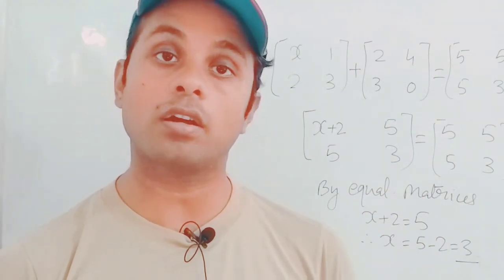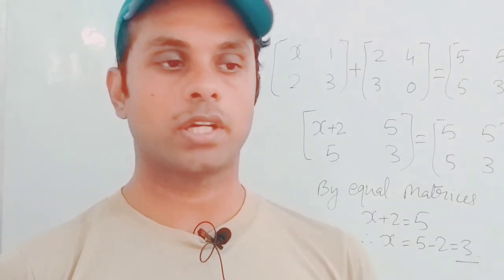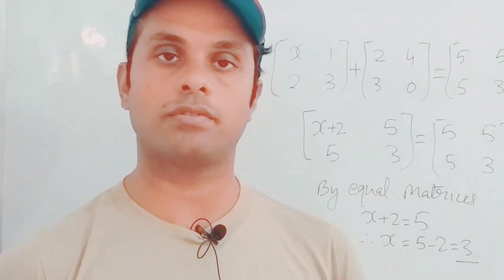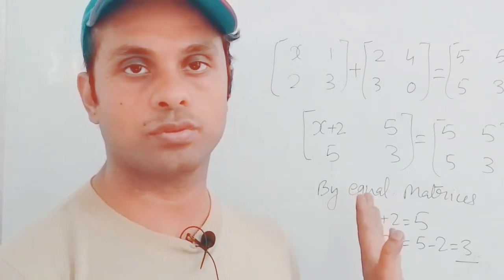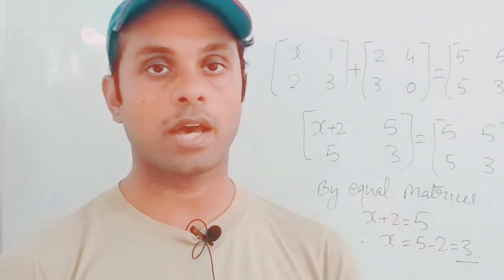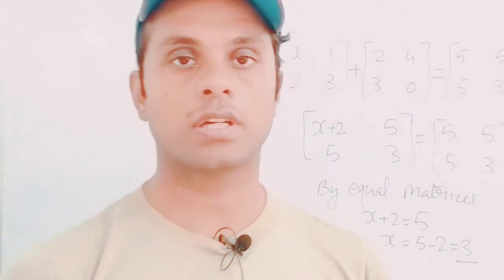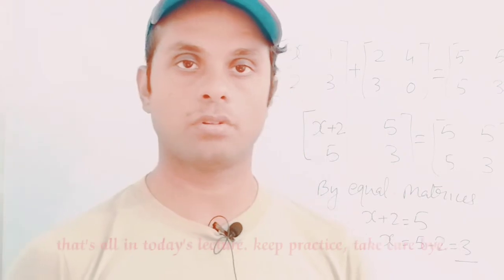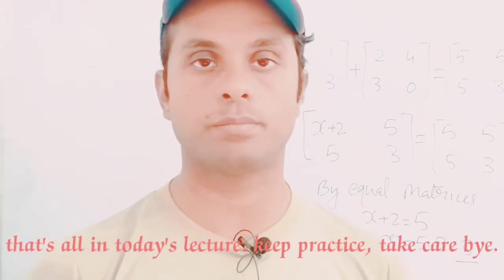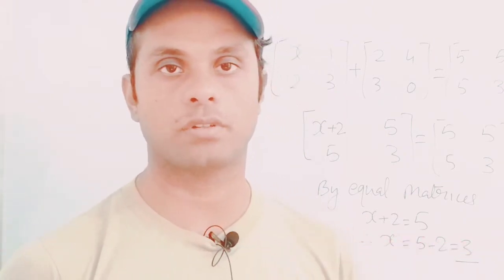You can try all of them. There are a lot of questions on addition, subtraction and of this kind also. So we have completed addition and subtraction of matrices. So please try all those questions based on addition and subtraction.